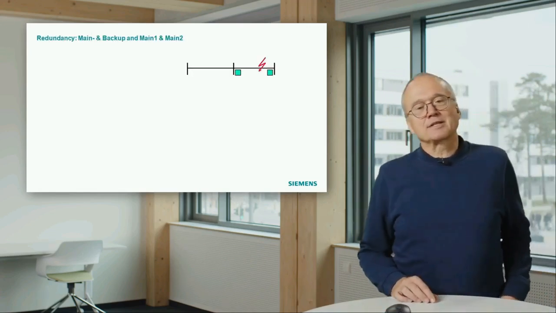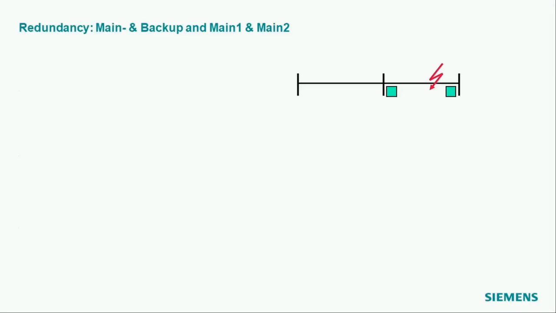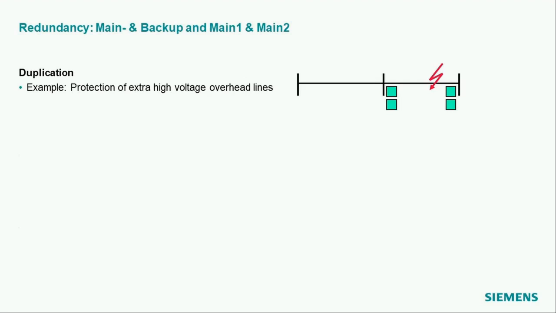Let's look at this simple installation. We have a line with an indicated short circuit. We have a protection on both ends, and we have different options to do a backup or a redundancy in this context. And the simplest thing is you just duplicate the protection.